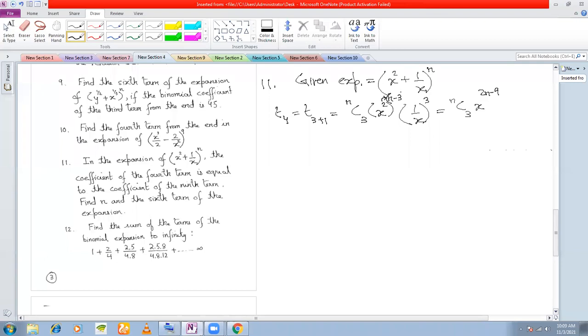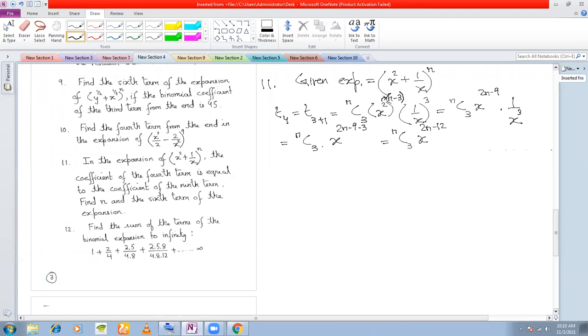It means you're multiplying 2 with the entire n minus 3. Into 1 by x cube. So you get NC3 into x to the power of 2n minus 9 minus 3, which is equal to NC3 x to the power of 2n minus 12. Okay, so this is your fourth term.